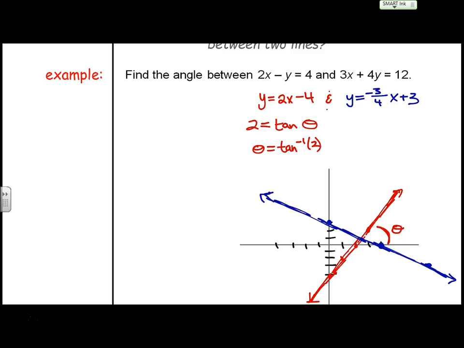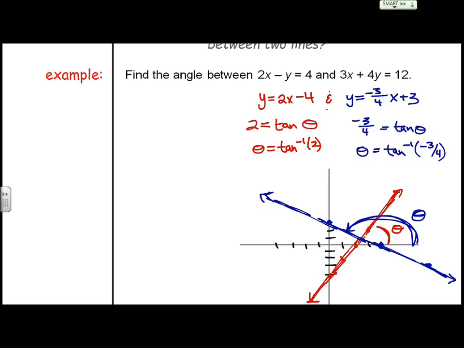When we go to find our theta, when we set negative 3/4 equal to tangent of theta, question, are we keeping the positive or the negative? Good, we just want to keep on going positive. So we're going to say that theta is equal to tangent inverse of negative 3/4. Won't that hopefully find us this angle? Sure.